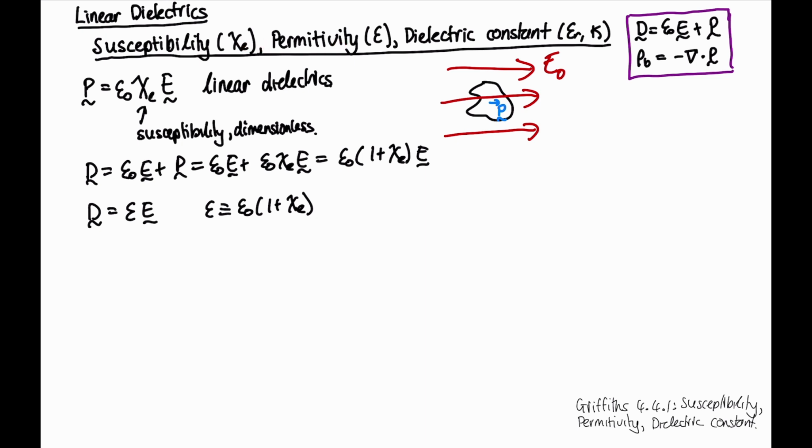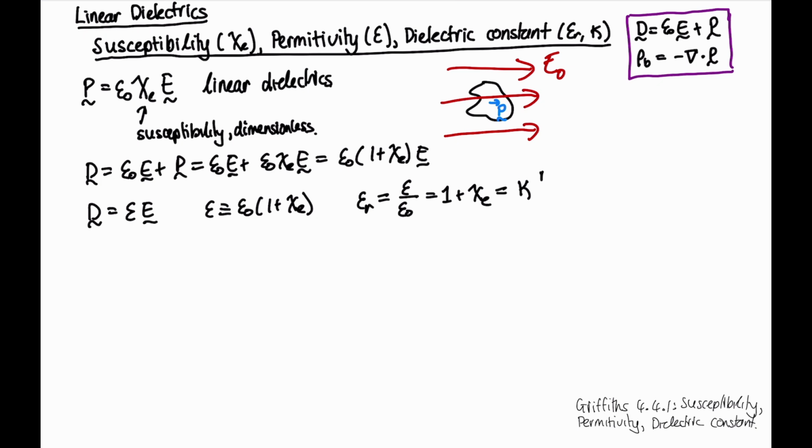Another constant that is sometimes used is what's known as the relative permittivity, which is equal to epsilon divided by epsilon naught, which is just 1 plus the susceptibility. And this is also referred to as the dielectric constant. So occasionally you'll see that written as K or kappa.